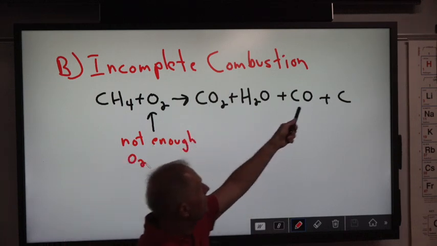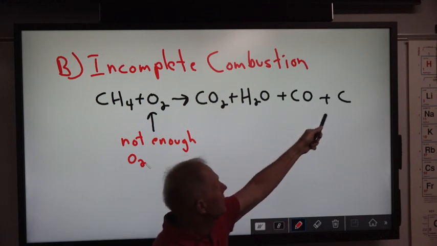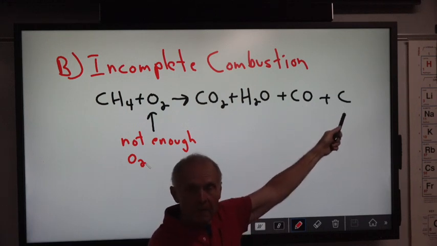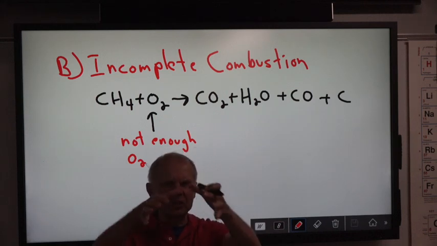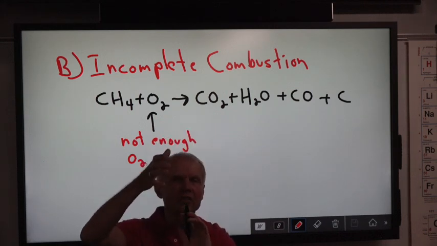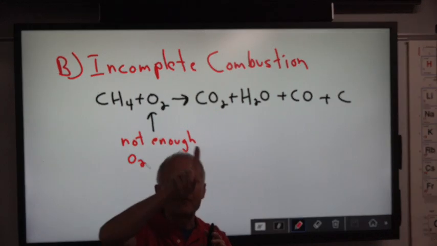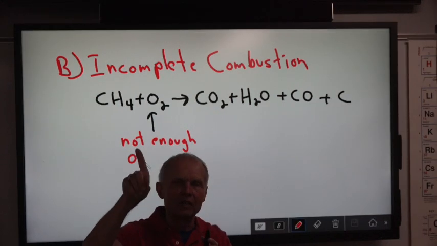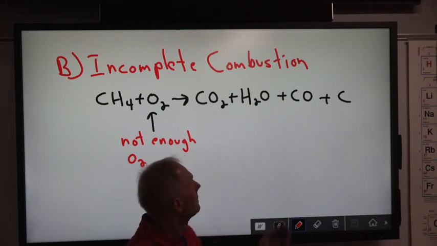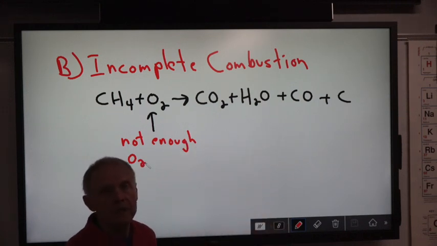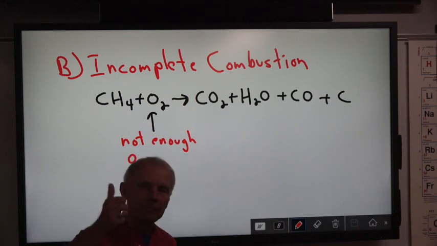So you get this, which is carbon monoxide, and you get this, which is soot. And if you have a candle and you have a sconce, which is a glass container, and the candle's in the glass container, when the black forms around the top of the glass container, that's soot, and that's just a product of incomplete combustion. So for oxidation, we have complete combustion and incomplete combustion.